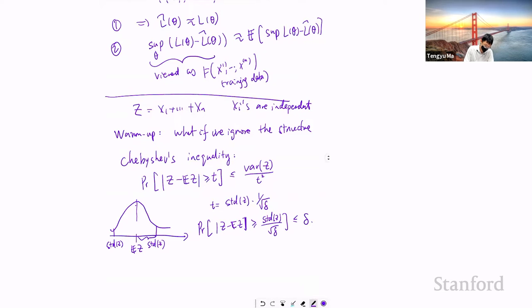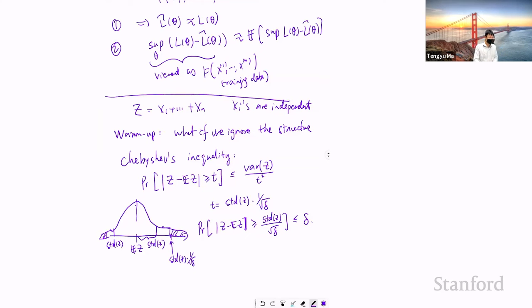So this is saying that if you multiply the standard deviation of z by 1 over square root delta, where delta is less than 1, then the probability in this tail is less than delta. So this is in some sense the weakest form of concentration that you always have, without using any structure about the random variable z.